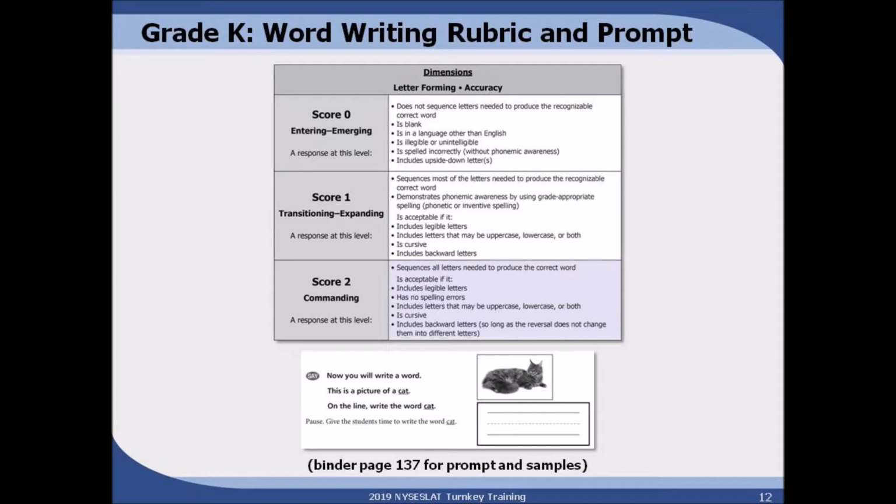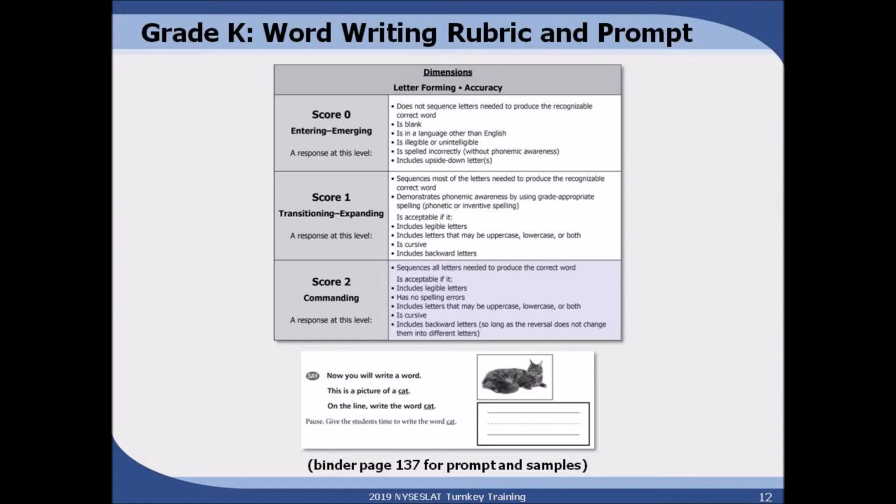A response is eligible for a score of 2 if it sequences all letters needed to produce the correct word. It is acceptable if it includes legible letters, has no spelling errors, includes letters that may be uppercase, lowercase, or both, is cursive, or includes backward letters so long as the reversal does not change them into different letters.